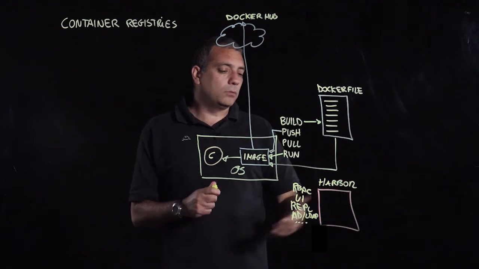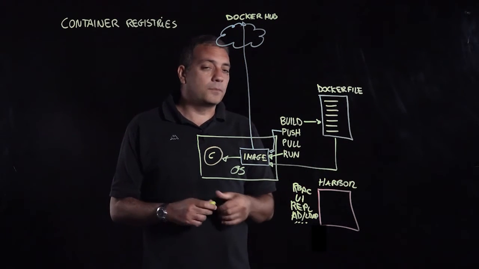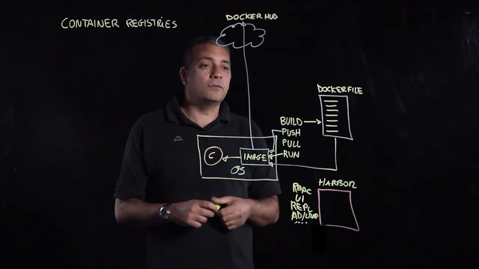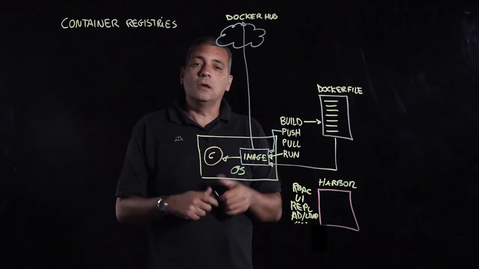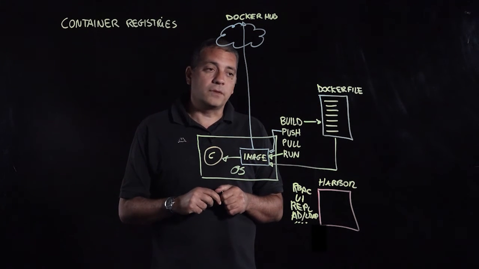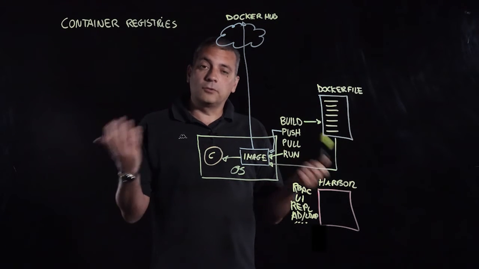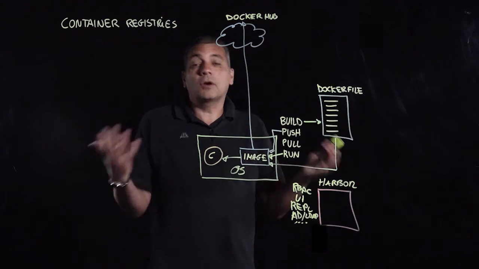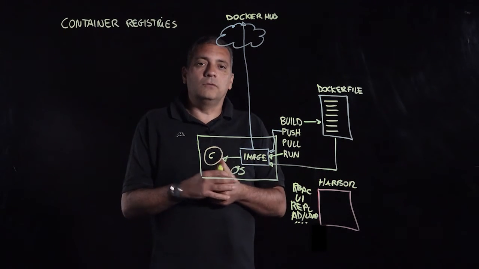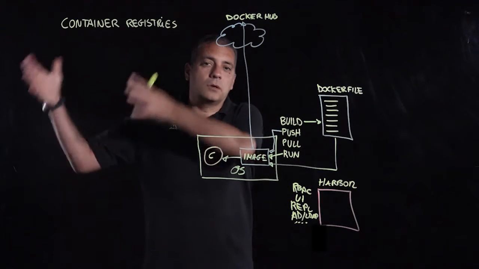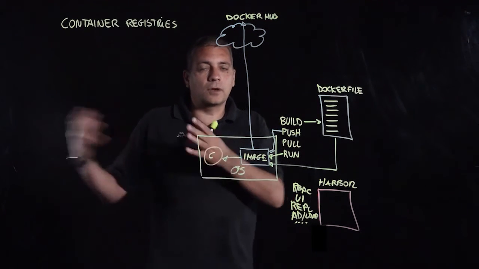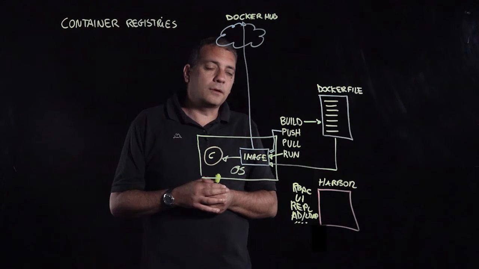So people may require an on-prem setup of a Docker registry where they can push and pull images faster. Second, regulatory requirements, where some customers would like to keep those images on-prem and would not like to push them into a service running on the open internet.